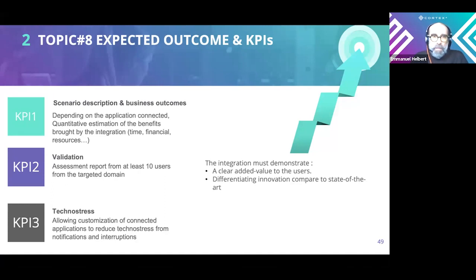The second KPI, which tends to consolidate the first one, is to have a real assessment from end users. We want at least 10 users involved in testing the prototype to give their comments about the added value brought by XR here.